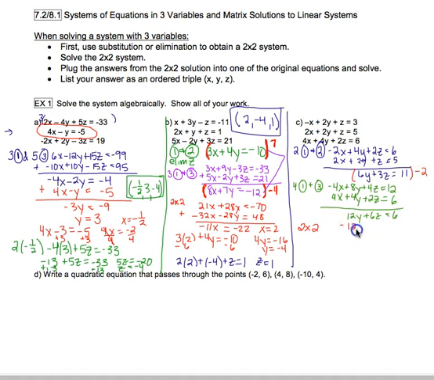So negative 12y, then I get minus 6z, and then I get equals negative 22. So when I add together then, my y's are eliminated, but my z's are also eliminated. So I get 0 over here on the left. On the right side, I end up with negative 22 and positive 6, which gives me negative 16.